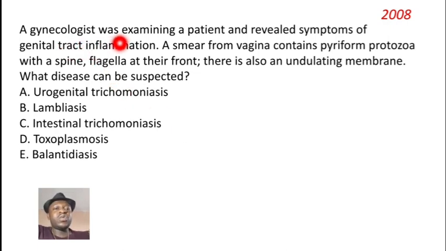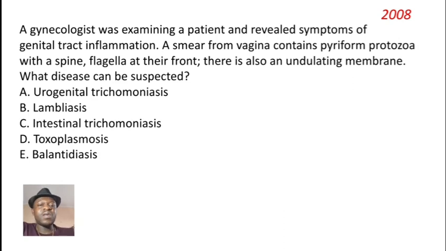A gynecologist was examining a patient and reviewed symptoms of genital tract inflammation. A smear from the vagina contains pyriform protozoa with a spine, flagella on the front, and an undulating membrane. What disease is suspected here? I told you in previous slides about trichomonas.